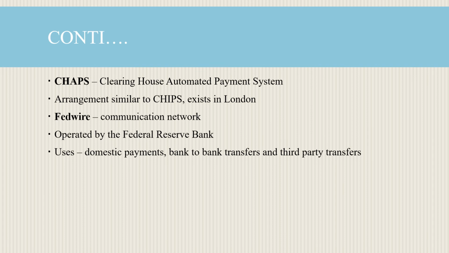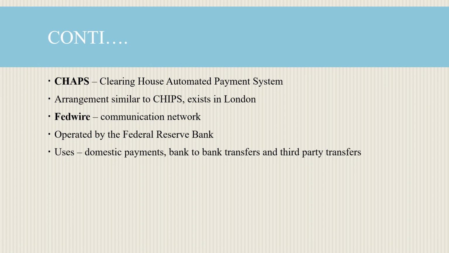If a transaction is reported by 4:30 p.m., the fund will be made available at Fedwire by 6 p.m. When the credit is received, it will be intimated through SWIFT again. In this case Citibank needs to credit Canara Bank, so that credit information will be passed on through SWIFT to Canara Bank.